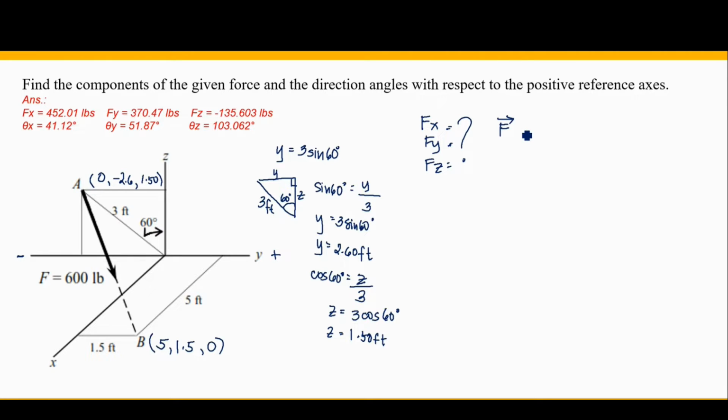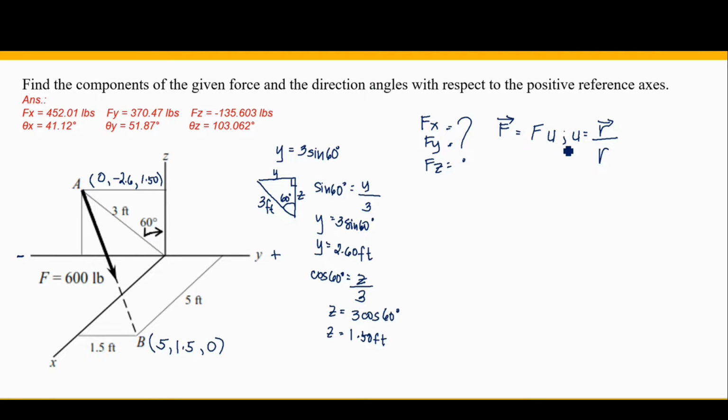Our vector F is equal to the magnitude of the force F multiplied by our unit vector U, where our unit vector U is equal to the position vector R divided by the magnitude of R. Okay. That formula was given during our last meeting.